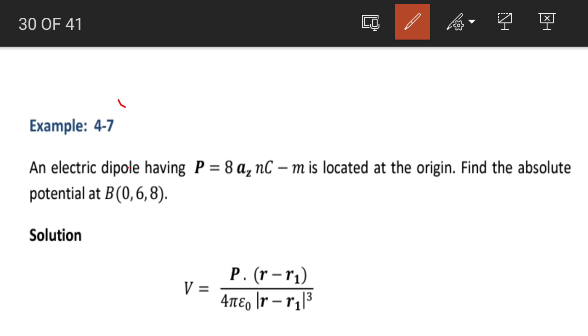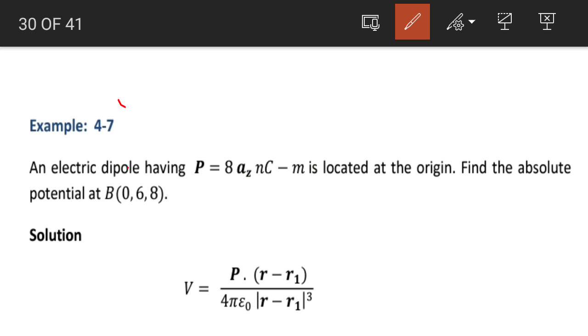We know that the absolute potential which is caused by an electric dipole will be equal to P dot R minus R1 divided by 4 pi epsilon naught into R minus R1 raised to power 3.